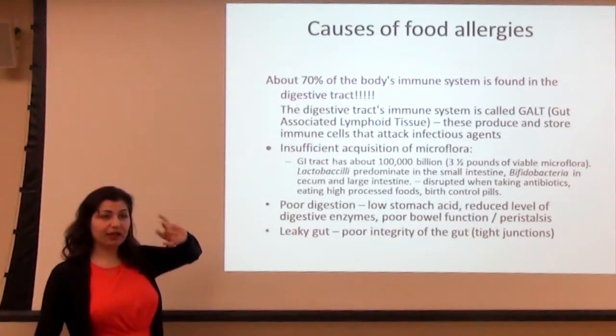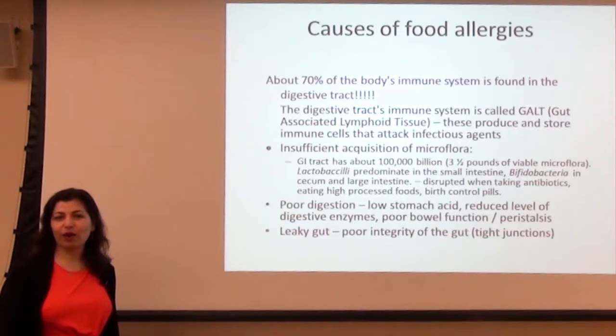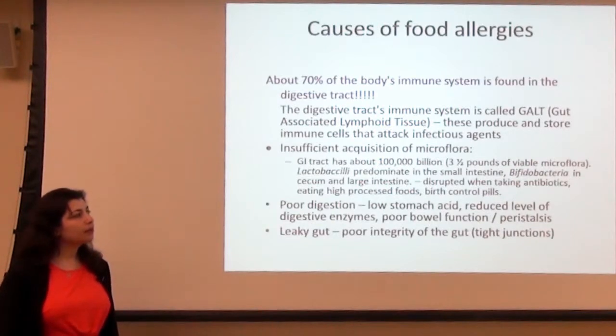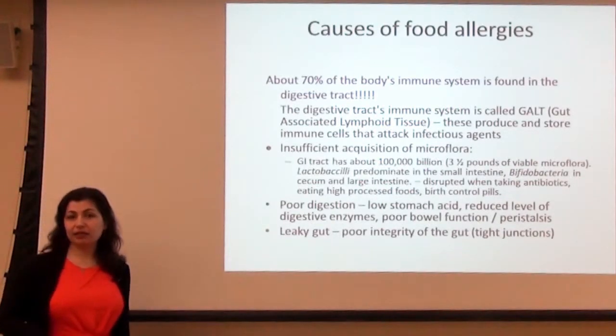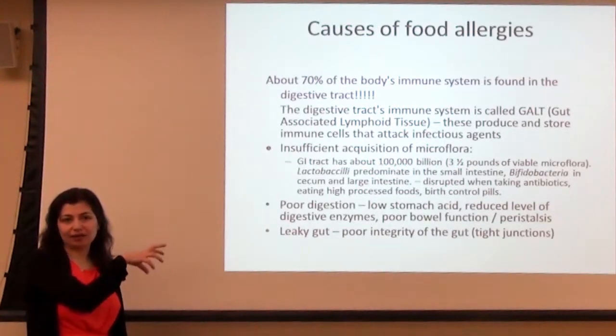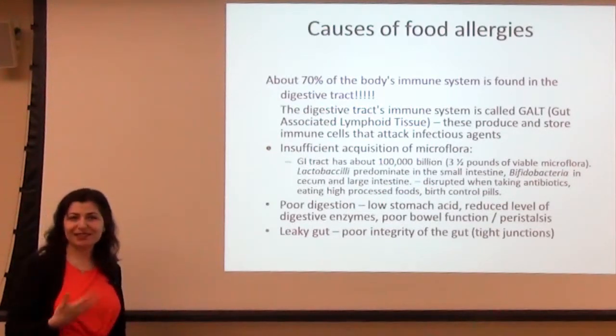Have you guys heard of probiotics? Yeah. 3.5 pounds of our intestinal flora is made up of probiotics. 3.5 pounds. Sometimes it's not that we don't have any intestinal flora when we take antibiotics, but the more we take antibiotics, the more we kill these good bacteria. Even if it's a pound less, it's still quite a bit.